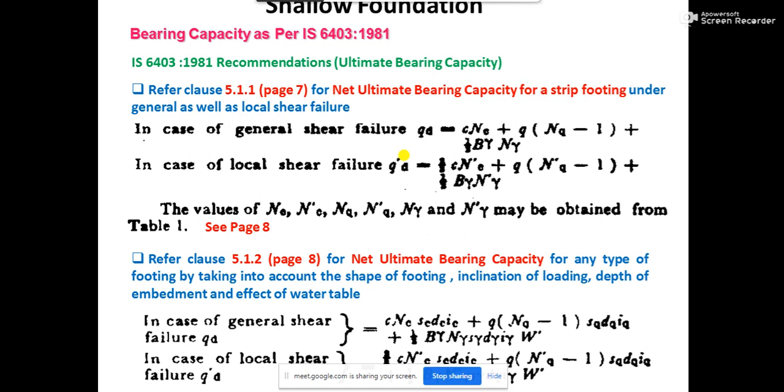inclination factor, and that is also considered in our Indian Standard Code, IS 6403. This inclination factor will take care of the inclined load acting on the foundation, and these factors are given as ic, iq, i gamma.